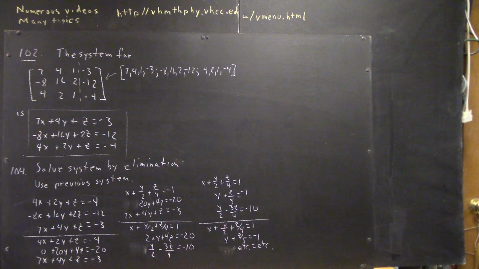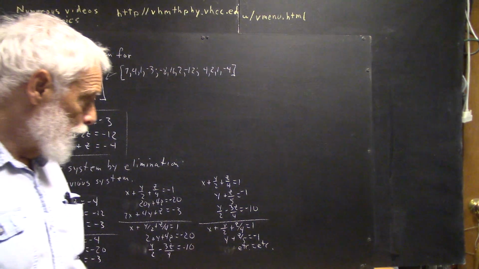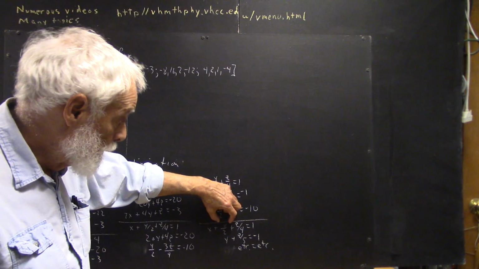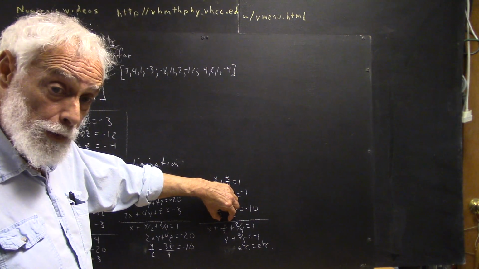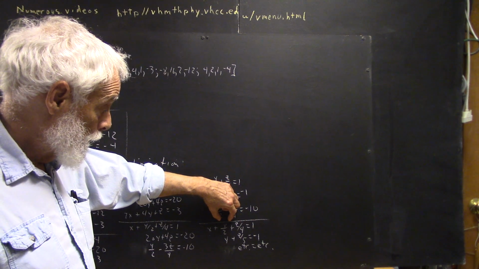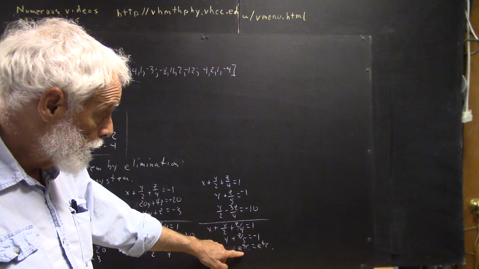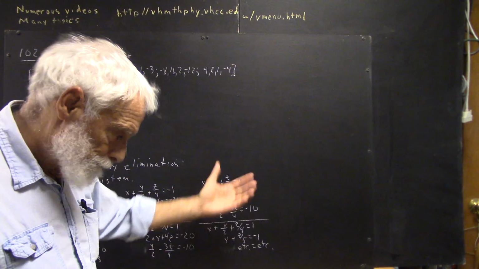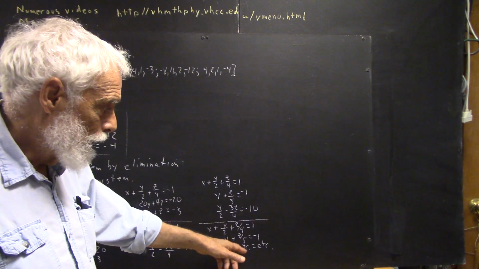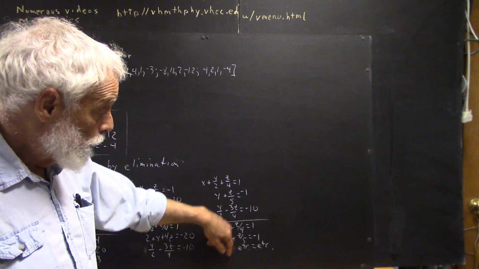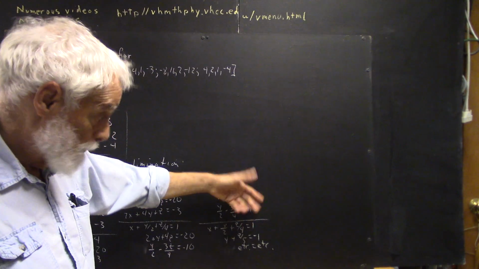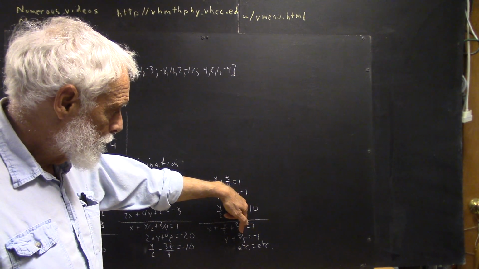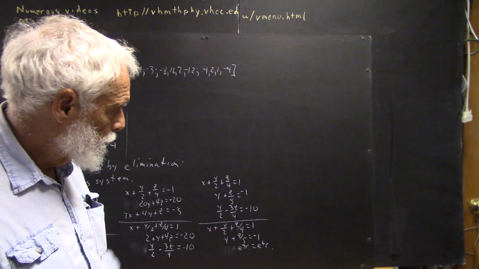I can also continue this reduction process. I could add -1/2 of this row to this one, which would eliminate the y term here. And once I've solved for z down here, if I've got z equals here, I can add -1/5 of this row to this row, the remaining row or whatever I've got, and then I've just got y equals.